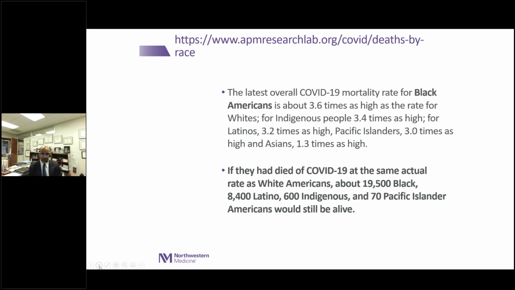That is to say, if everyone with COVID-19 had actually succumbed at the same rate, there would be an additional 19,500 Blacks, 8,400 Latinos still alive. So this is a very dramatic, very sobering use of, as Dr. Bibbins-Domingo said, broadly speaking, data sets, databases that really are informing us about this crisis. We can go forward.